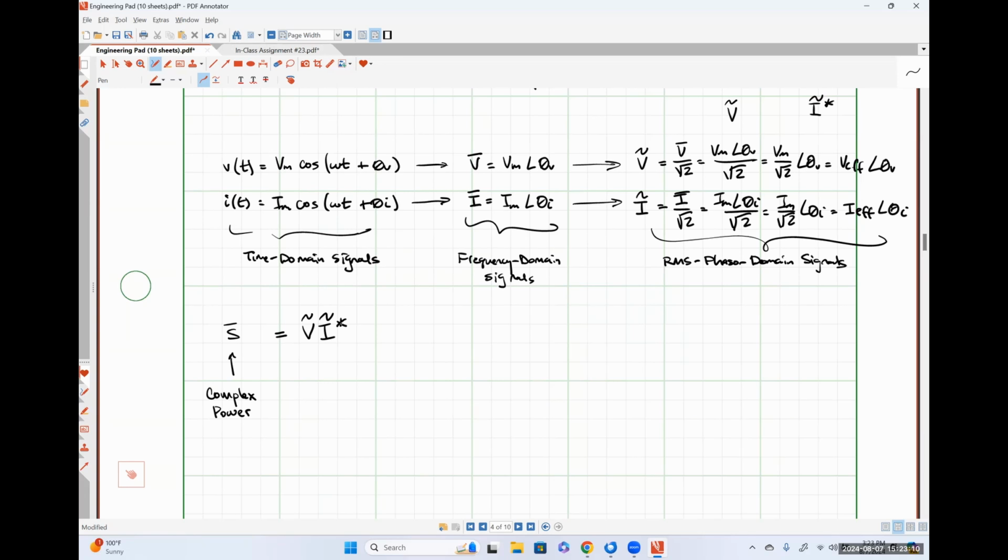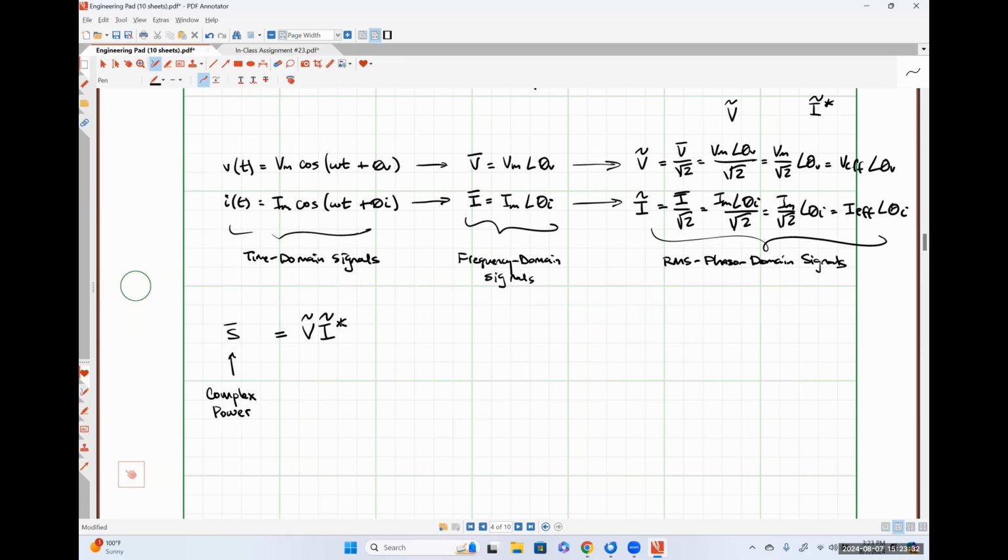So let's talk about why it makes sense. RMS phasor voltage V is a voltage. RMS phasor current I is a current. So every other time we've multiplied a voltage times a current, we've come up with a power measured in watts.